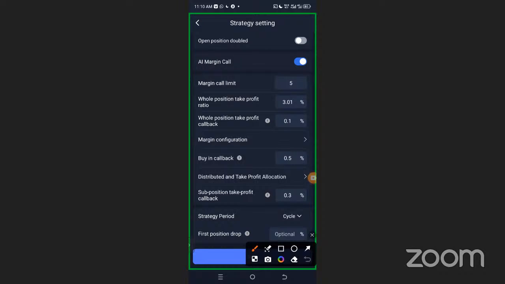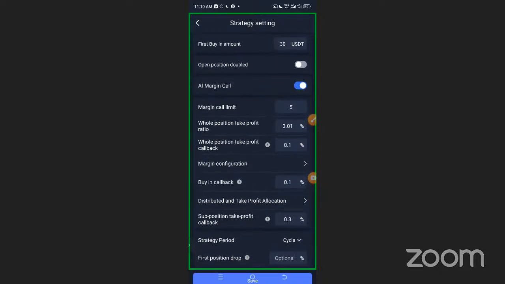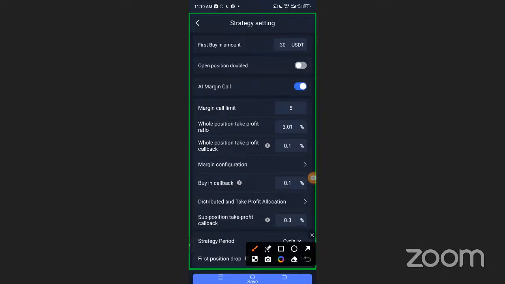Then I come to buy in callback. You put also 0.1. What are you commanding the robot? You are telling the robot that after buying the first call, how long will it take for you to buy the second call?